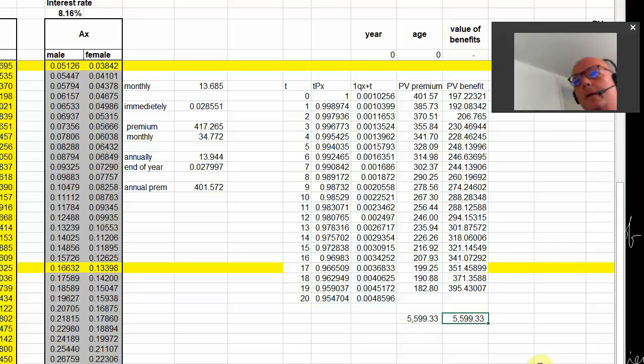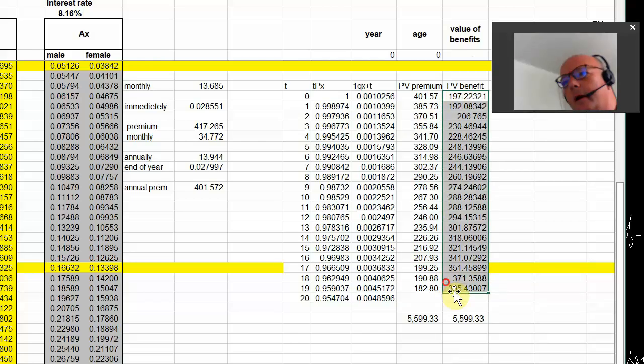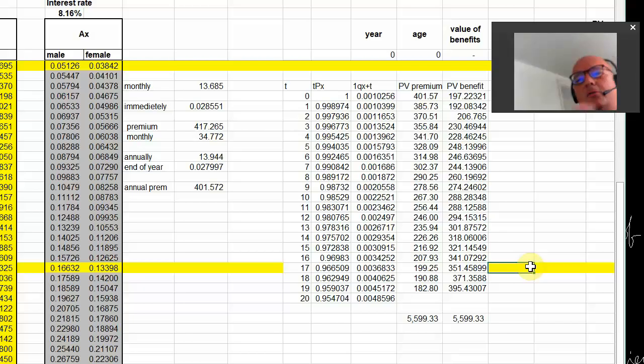Okay? But what you can see is the premiums start high and go down, the benefits start low and go high. Which means you can't just roll this policy. You're building up a profit here. Well, profit's completely the wrong word there. You're building up a reserve here.